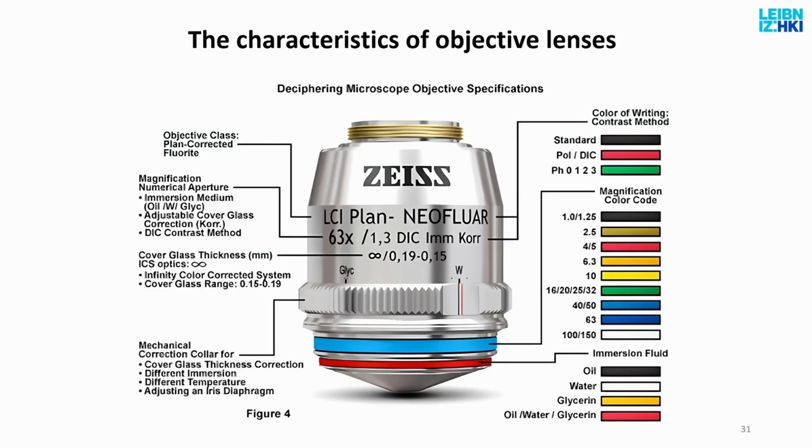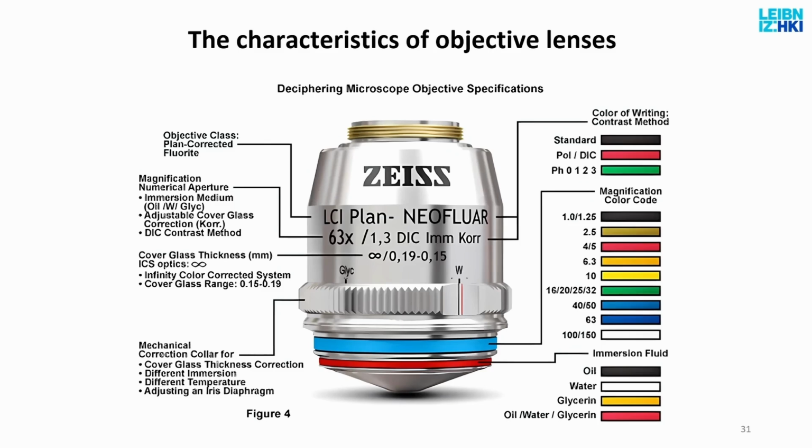The next number that you always have to know is the numerical aperture. That is behind the forward slash. We will talk about it in a minute. This determines the resolution of the object. The higher this number, the smaller objects you can see.